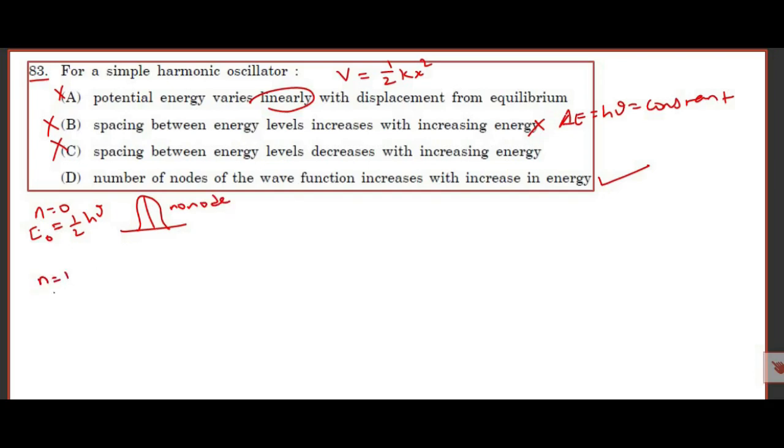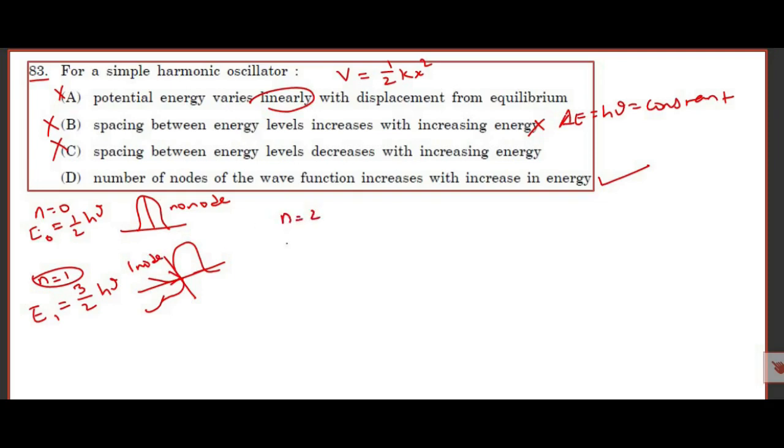Let us take n equal to 1, which has one node, then E1 equals (3 by 2) h mu, which has one node.